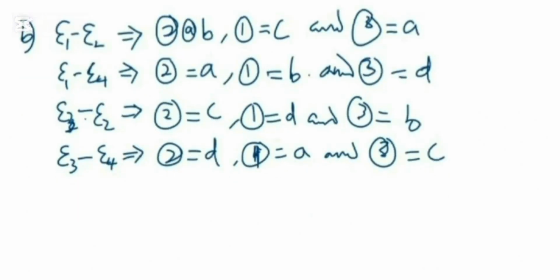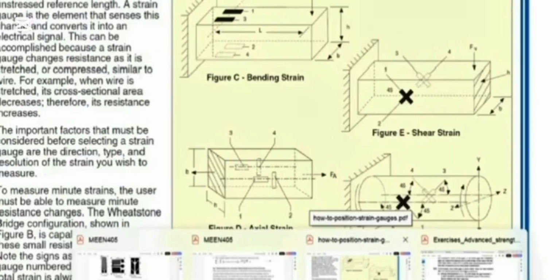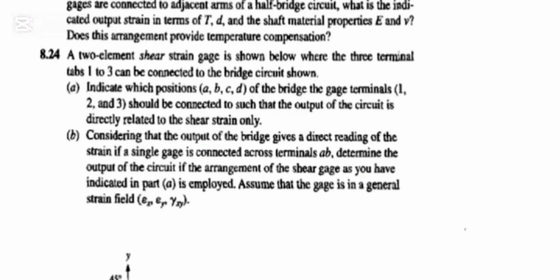The second part of the question, the last part of our question for today's tutorials, says: considering that the output of the bridge gives a direct reading of the strain, if a single strain gauge is connected across terminal AB, determine the output of the circuit if the arrangement of the shear gauge, as you have indicated in A, is employed.